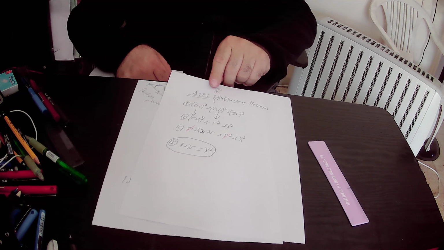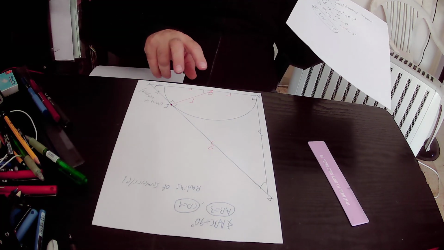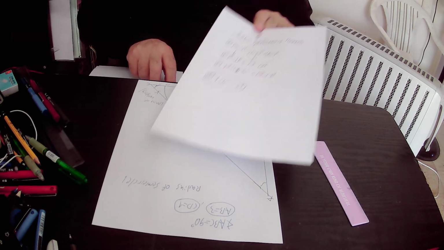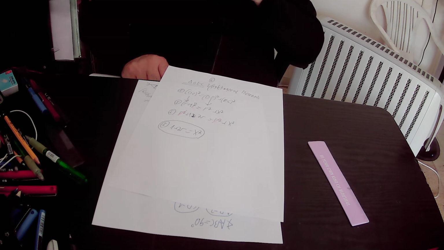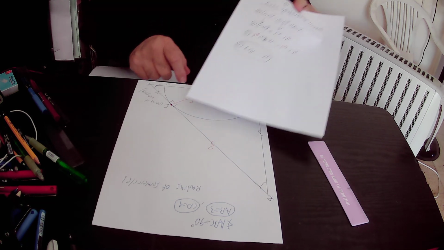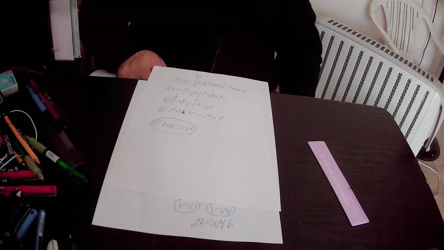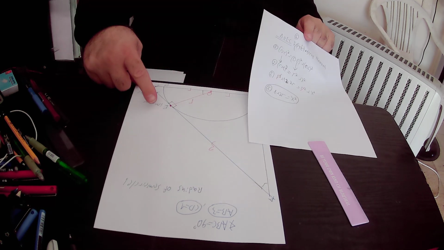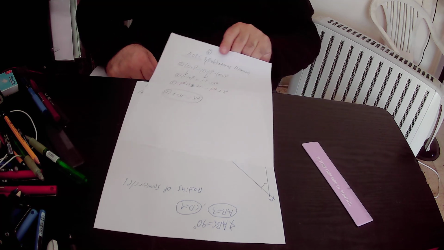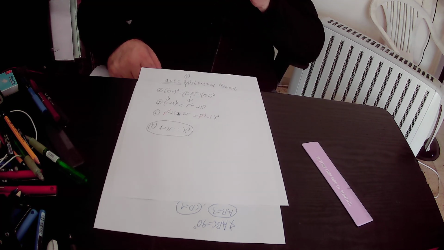But we have already found out that OC equals R plus 1, and OE is the radius of the circle, so OE square is R square, and CE equals X. So in total, we got this equation.